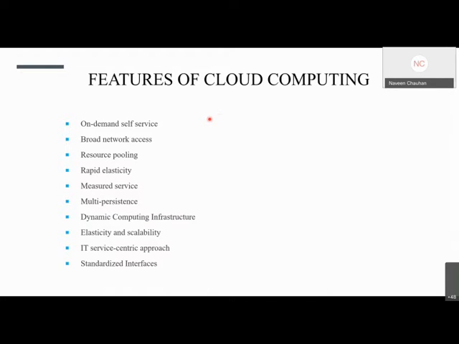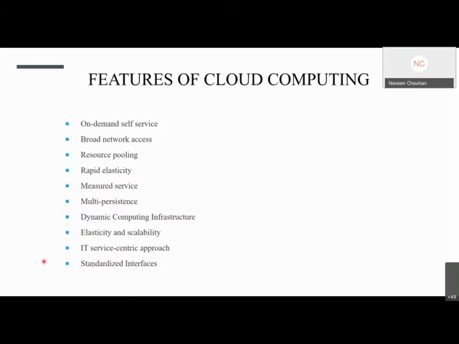So features, I mean, these are some overlapping things we have seen as characteristics and benefits of cloud computing. The features of cloud computing say that it is an on-demand self-service. Broad network access is there, resource pooling is there, rapid elasticity is there, measured service is there, multiple persistence is there, dynamic computing infrastructure is there, elasticity and scalability is there, IT service centric approach is there, and standardized interfacing is there.